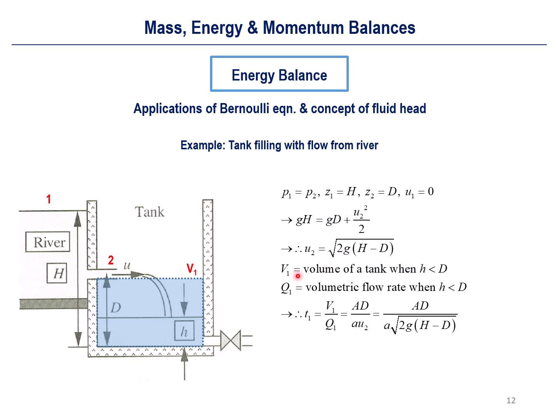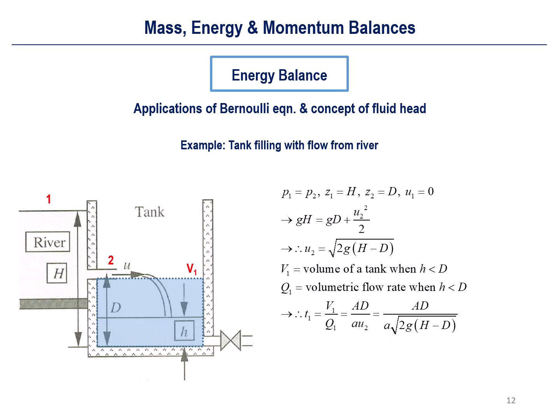And if you set V1 as the volume of the tank when the height is lower than d, and you can set Q1 as our volumetric flow rate when the height is lower than d. Now you can calculate the time to fill this first half, right before the height is equal to the inlet height, which is equal to A d divided by a, square root of 2g, and h negative d.